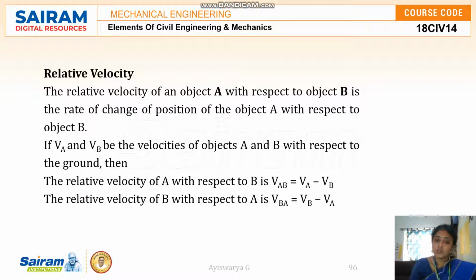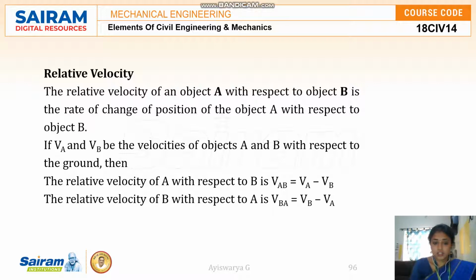So now I am going to explain about the relative velocity. The relative velocity means for object A with respect to object B, the rate of change of position. Okay, so VA and VB are the velocities of A and B with respect to ground. Right, so the relative velocity of A with respect to B is V suffix AB, that is VA minus VB.